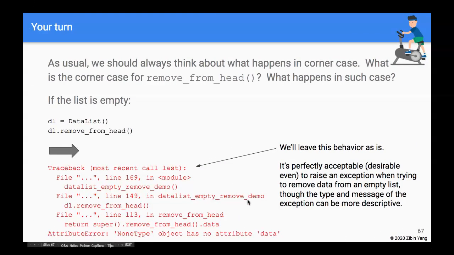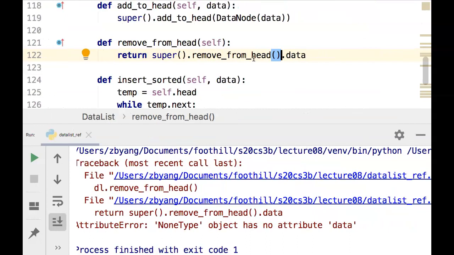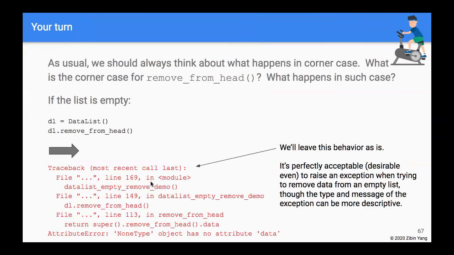Now, we could, again, try to check if the node returned is None, and if so, return None or do something else. But in this particular case, I'll just leave the behavior so that it actually raises an exception, because if you're trying to remove something from an empty list, you're probably doing something wrong.